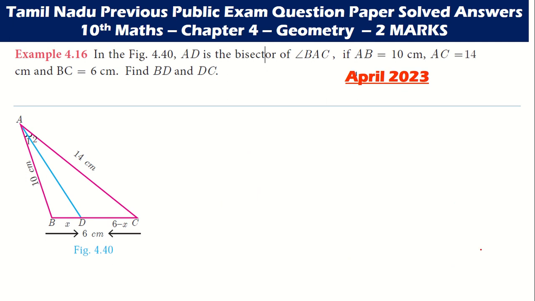So இதில் பார்த்தீங்கன்னா in the figure 4.40, that is this is the diagram. So AD is the bisector of angle BAC.